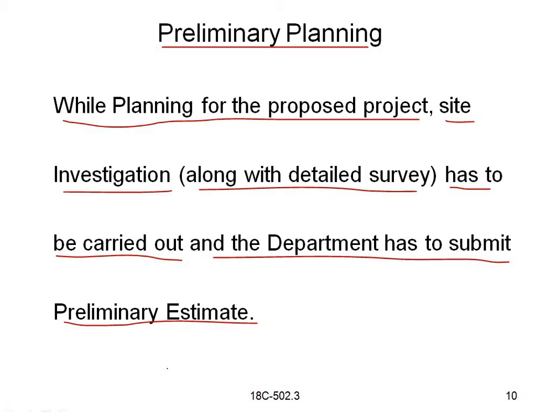So these all will be covered in the site investigation, that is also called detailed survey. The survey should also be done taking the levels on the ground surface at the site location. How the ground levels are, whether undulating or flat surface or curved surface, that should be taken and calculated. And for the proposed project, the prepared feasibility report is submitted to the engineering department for approval.